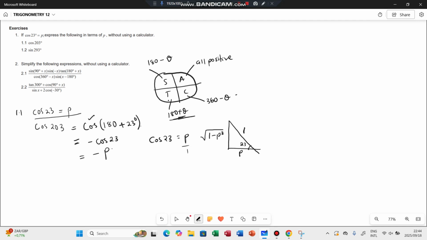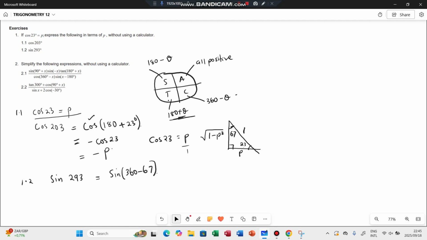The second question says sine of 293. This sine of 293 comes from sine of 360 minus 67. Don't forget this triangle has a 90. If this is 23, it means this one will be 67.